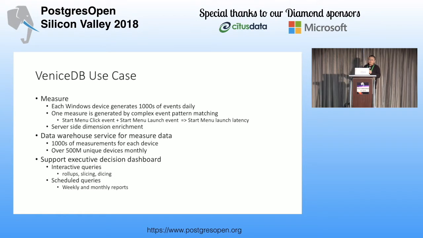On the data consumption side, once we store the measures inside the Venice cluster, there are 2 consumption patterns. One is just normal, run-of-the-mill interactive ad hoc queries to slice and dice according to different dimensions on a single measure basis. Another usage pattern is to group those measures together into a dashboard.